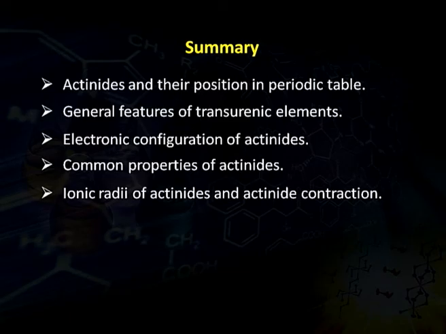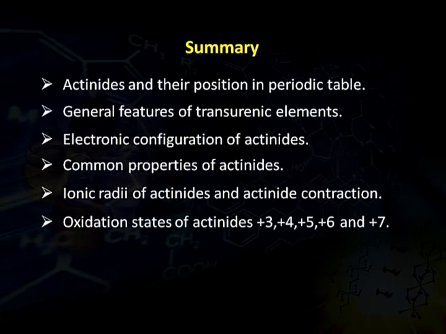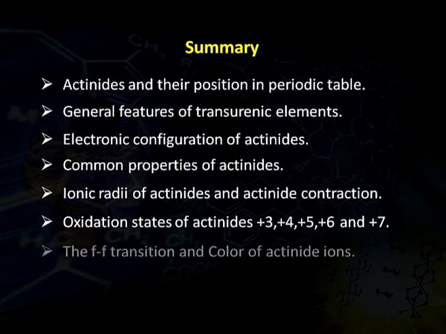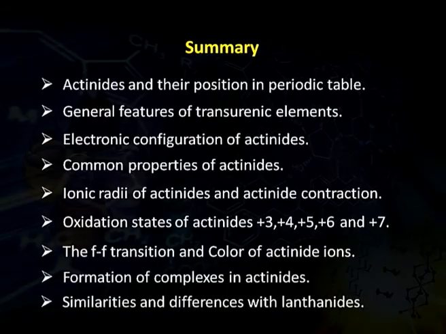So we discussed the actinide contraction and the reason why it takes place. We have seen the various oxidation states of actinides: +3, +4, +5, +6 and +7. We have discussed in detail the ff transition and how it is responsible for the development of color in the actinide ions.